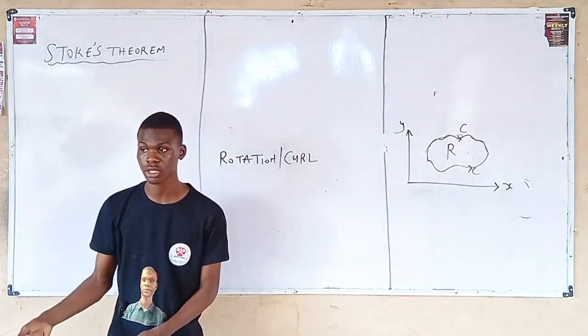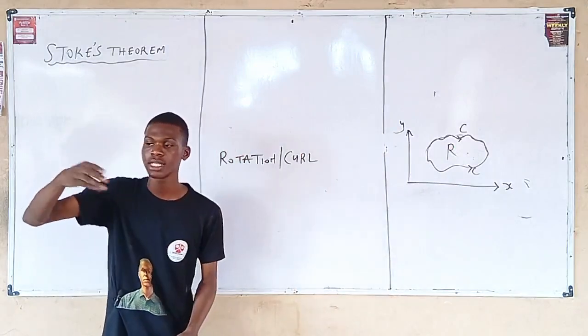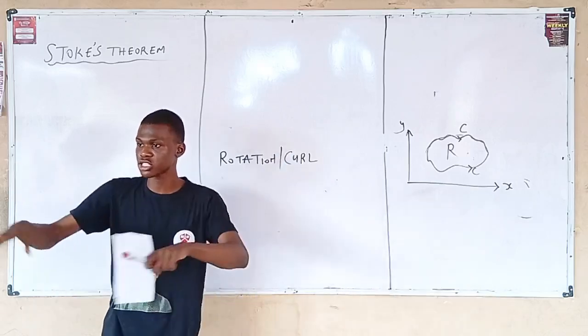When we say curl, rotation, when we did Green's theorem, we already explained that. We are imagining that there's a rotation inside our river, not rotation around the river.